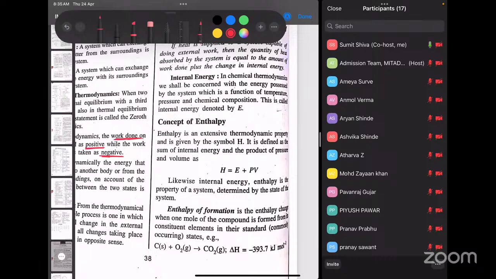It doesn't matter how a system is going from its initial position to its final position. What path is taken by the system to go from one position to another, that doesn't matter. Then these variables or parameters are said to be state functions, and internal energy is one of them. Internal energy is a state function. It does not depend on the path taken by the system.